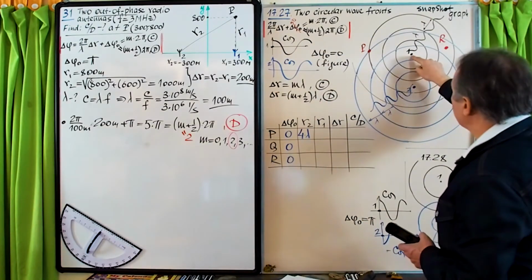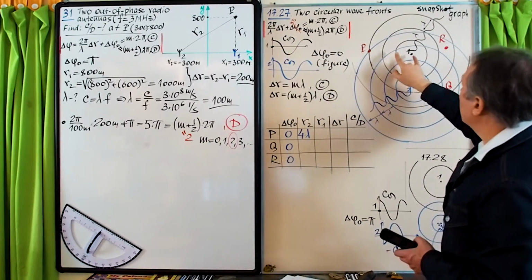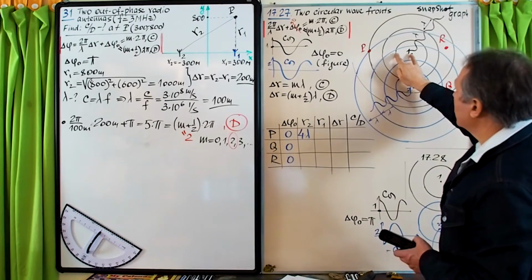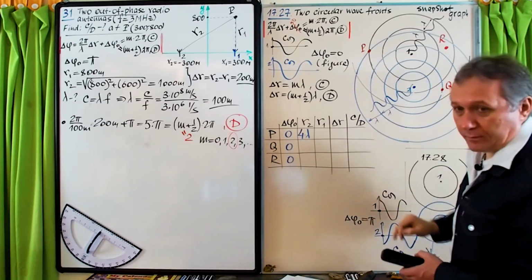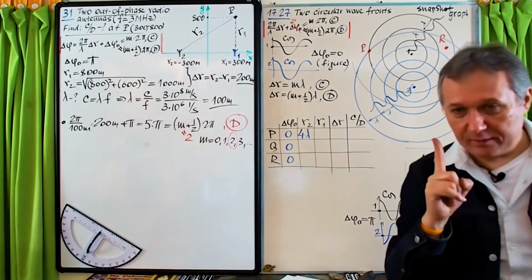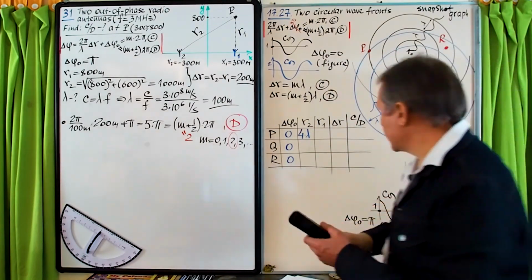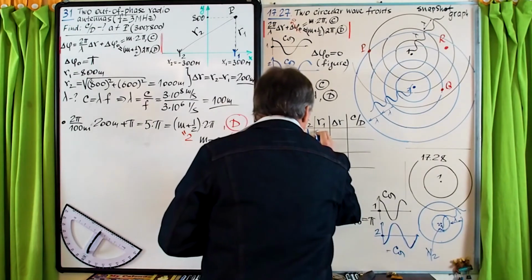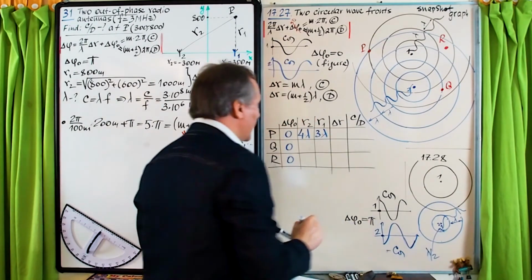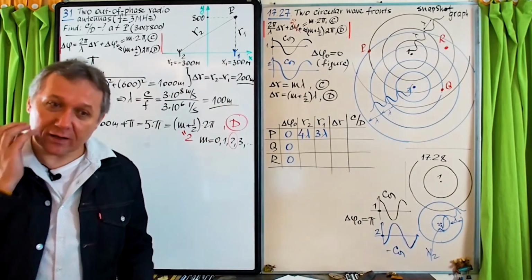Now let's do the same for R1, the distance from the first source to the point in question. We're looking now at the black wavefronts: 1, 2, 3 lambdas. So 3 times lambda. Now what is delta R?